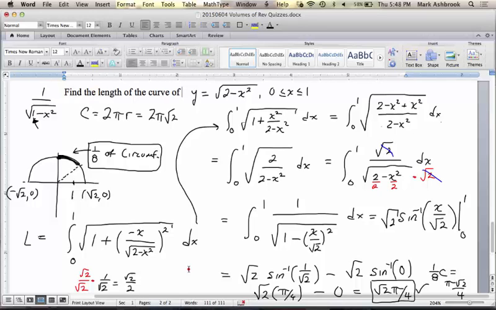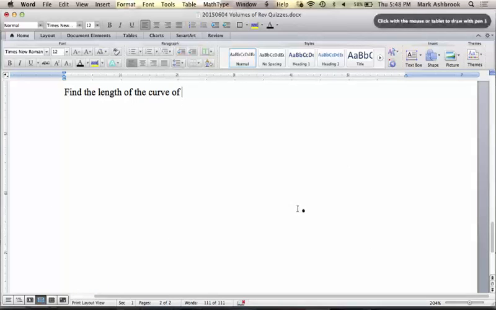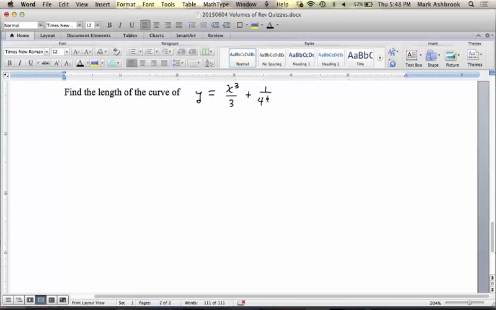Okay, another thing that comes up in these integrals is completing the square. So let's try one of those. Can I erase this? So let's try this one. Y equals, from 1 to 2.